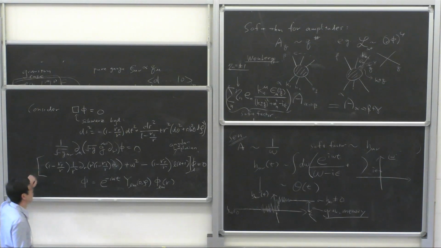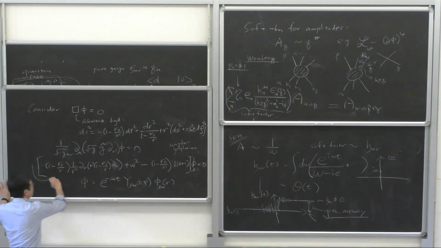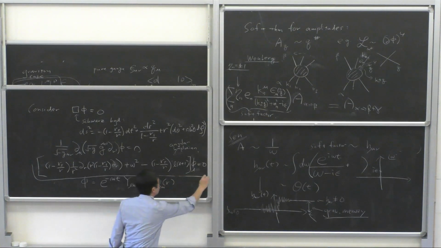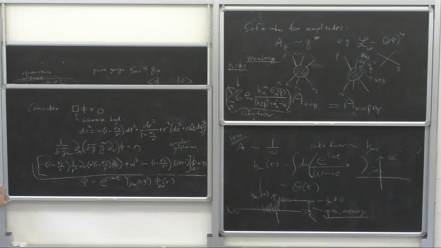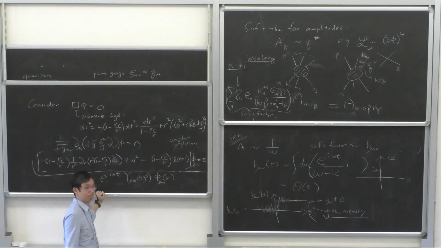And so this is now the equation that we are supposed to study. And the nice thing about this equation is that it is not a PDE as usual, because we do separation of variables. It's an ODE, a second order one. And now we just have to study this. Any questions about this?